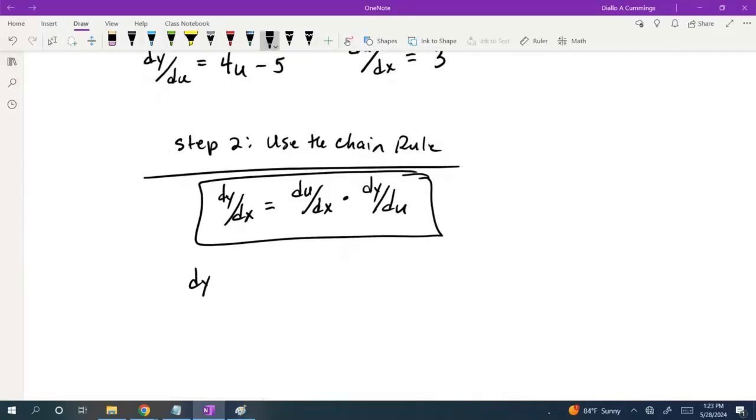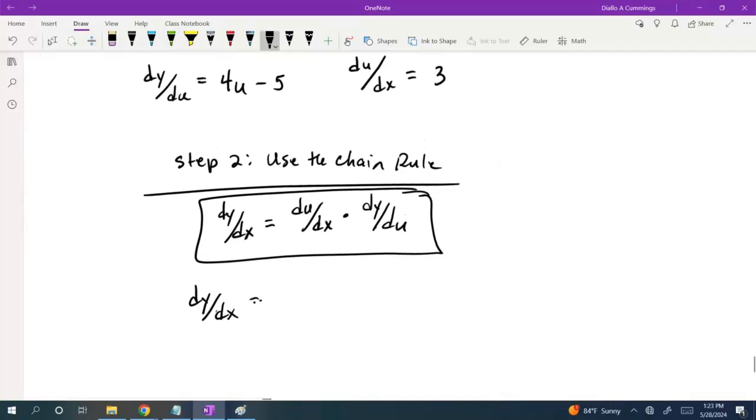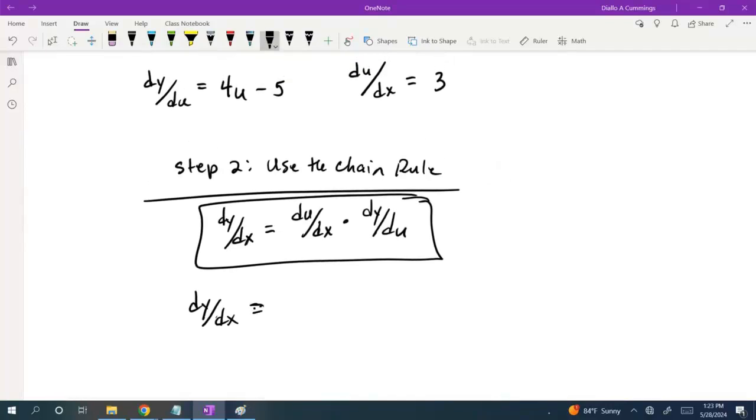So we have dy dx equal to du dx, which is 3, times dy du, which is 4u minus 5. And I'm going to simplify. I'm going to multiply or distribute 3. So this gives us 12u minus 15.